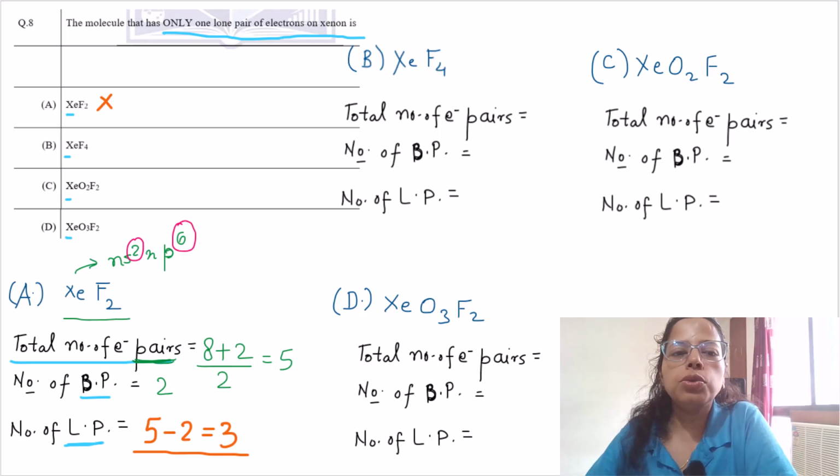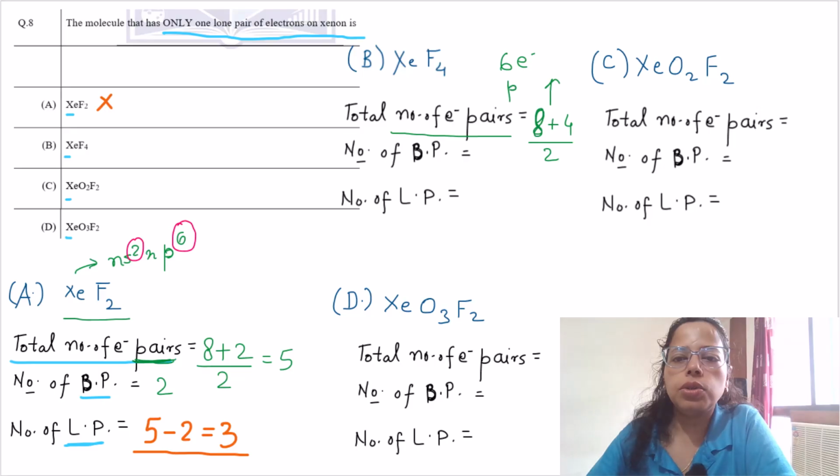Then moving on to option B, XeF4. Calculate the total number of electron pairs. Xenon, the central atom, has 8 valence electrons and we have 4 fluorine atoms bonded. So 8 plus 4 divided by 2, so we have 6 electron pairs in total for XeF4. For bond pairs, there are 4 fluorine atoms bonded to xenon, so 4 bond pairs.